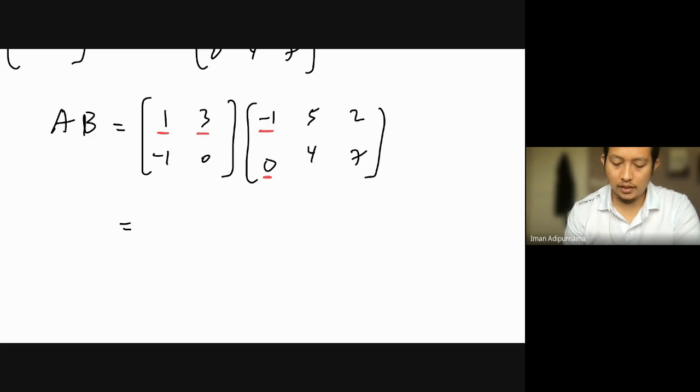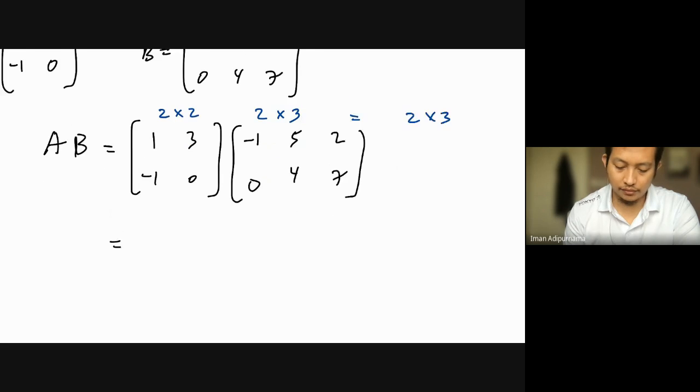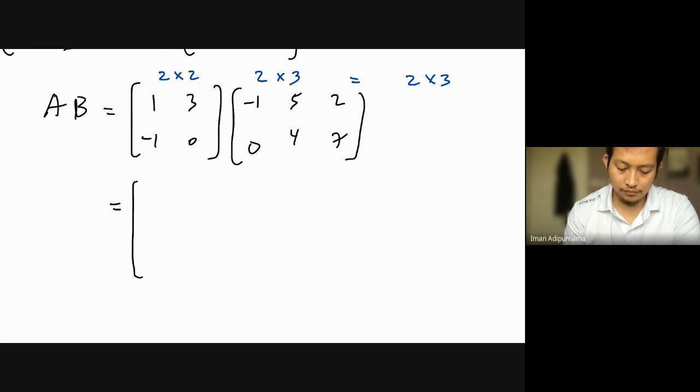Okay, and we are going to have another one, this and this and this and this. Okay, let me write all the possibilities here. So let's see the size of the matrix. This is 2 by 2. This is 2 by 3. So the result should be 2 by 3. Okay, let's write down the results. So 2 by 3, so we will have 2 rows and 3 columns.